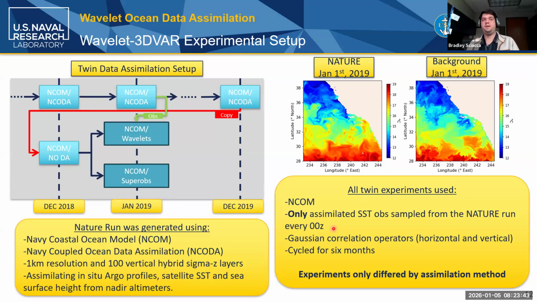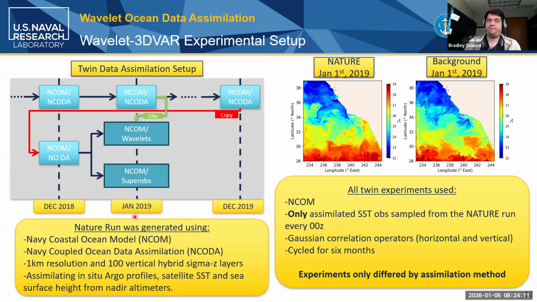All right, here's the experimental setup for the results I'm about to show. We had a nature run, which was run for a few months using NCOM and NCODA, which is the Navy Coastal Ocean Model and the Navy Coupled Ocean Data Assimilation. This was run until December 2019. We then copied that state, gave it to NCOM at December 2018 with the forcings of December 2018, and ran that forward 1 month with no DA.